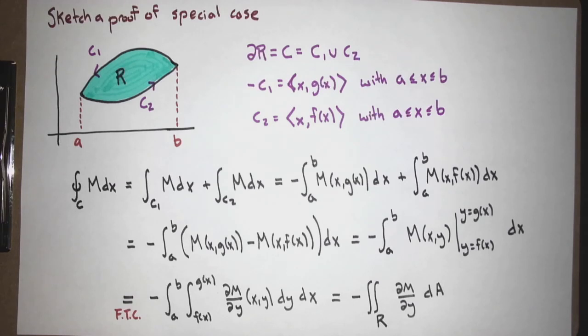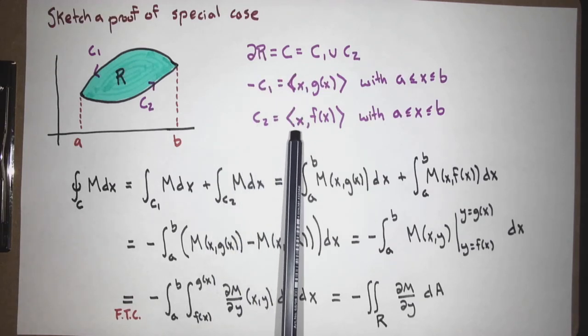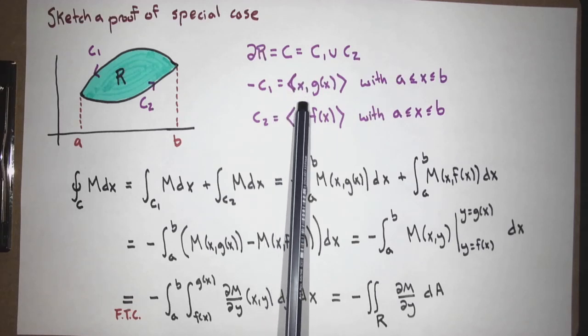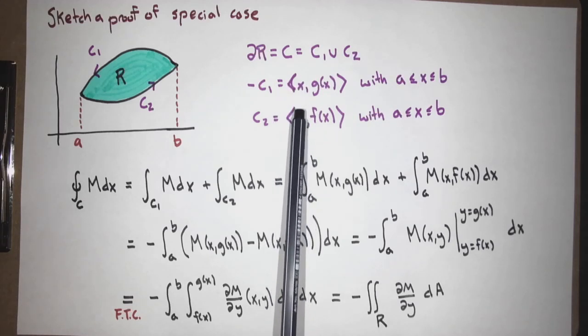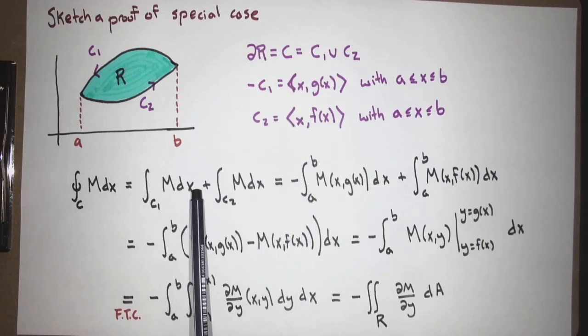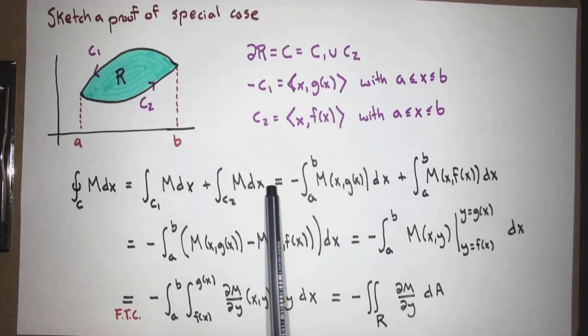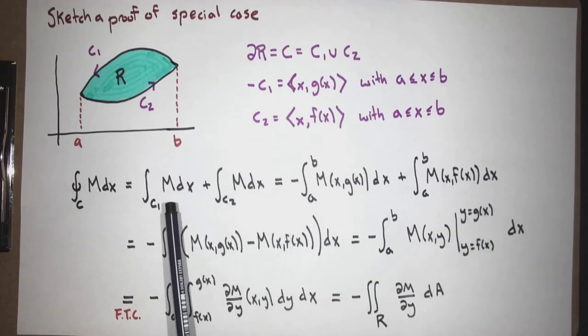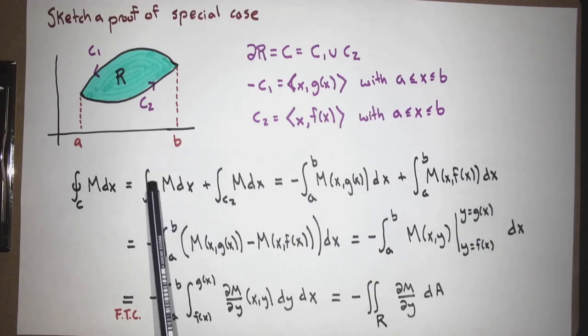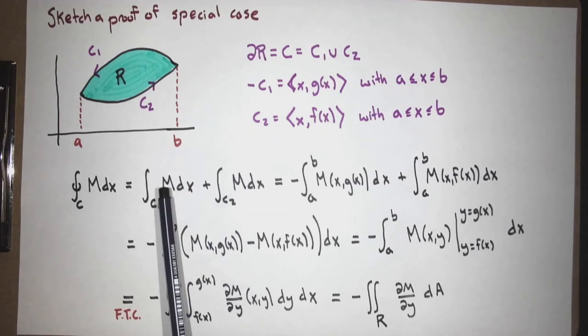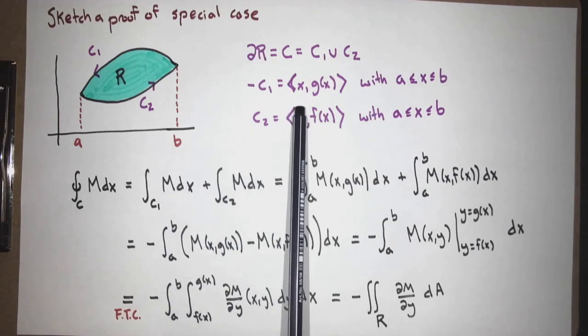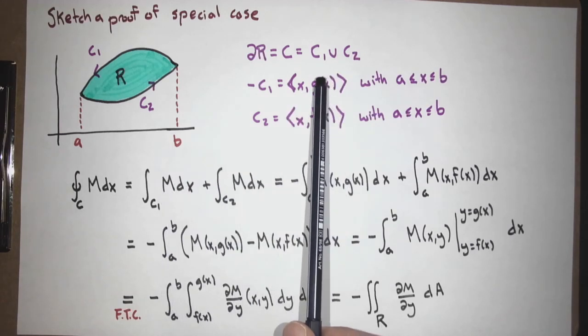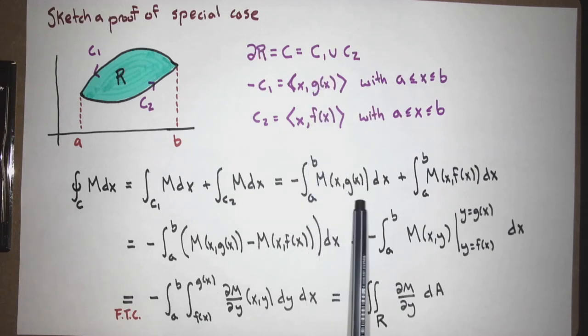Now we have parameterizations. The nice thing here is that because our x-coordinate looks like x, when we run the parameterization, we really do get dx's. Then we just have to say, what happens to these pieces, the m's? Everywhere where you see an x, put your x. And where you see y, you put either f of x or g of x, depending upon which part you are.